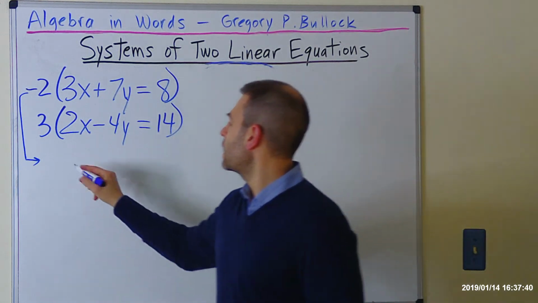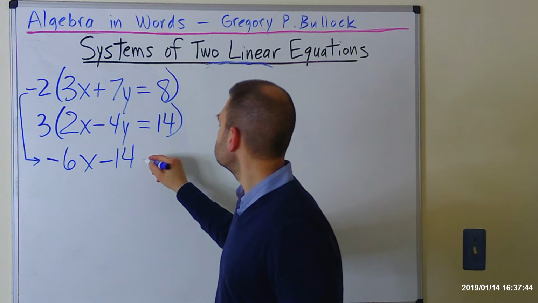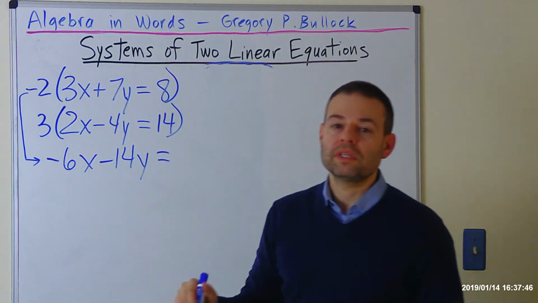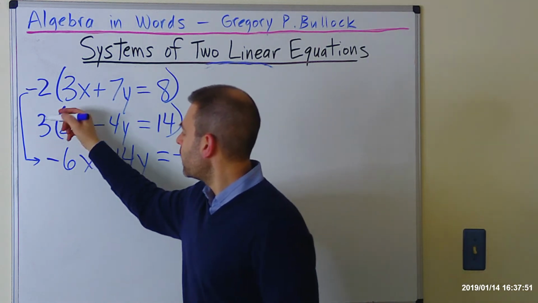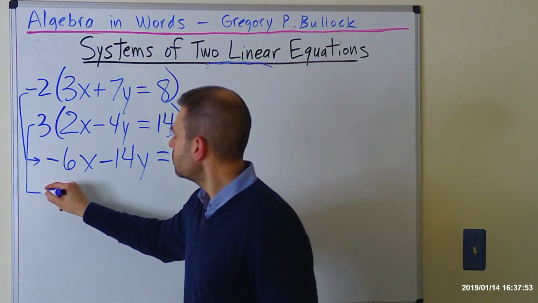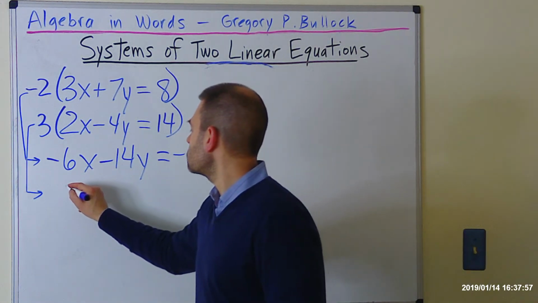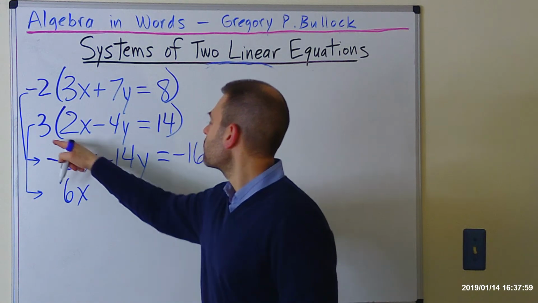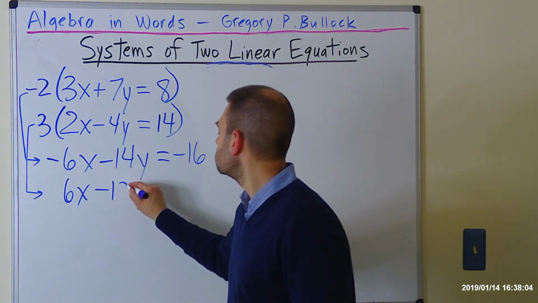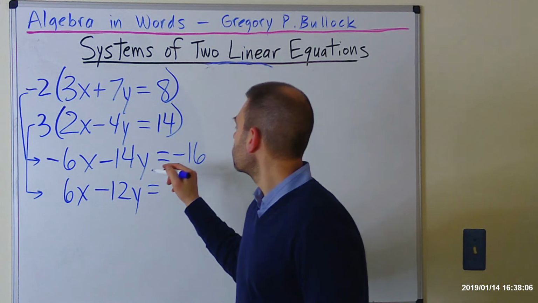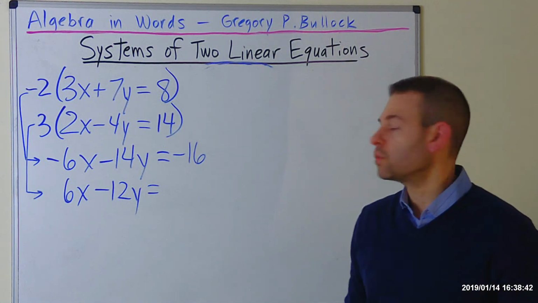We're going to get negative 6x minus 14y equals negative 16. And then this equation, we'll write below it, 3 times 2 is 6x. 3 times negative 4y is negative 12y. And 3 times 14 equals 42.